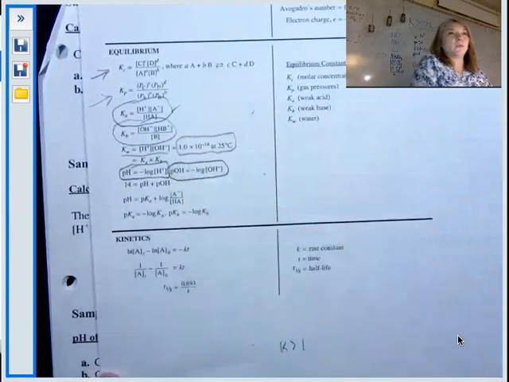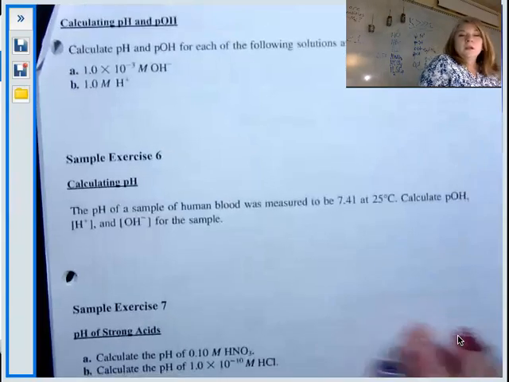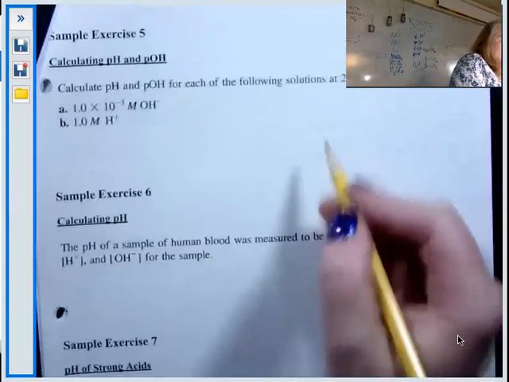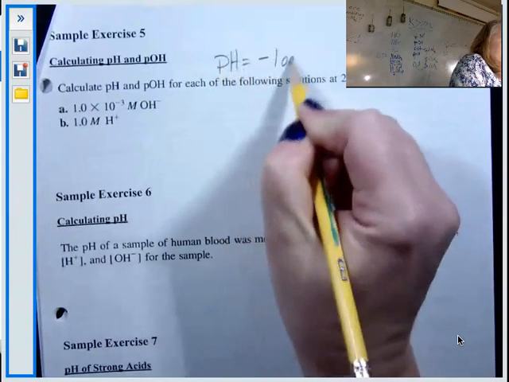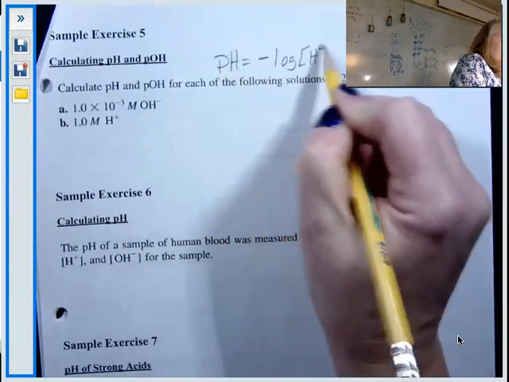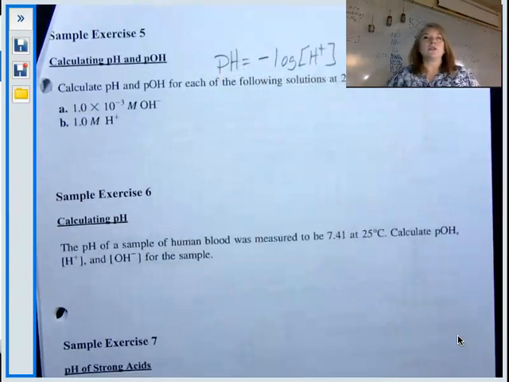pH and POH. I'm going to write them bigger so you can see that. The pH equation is equal to the negative log of the hydrogen or the hydronium ion concentration, okay? Now, hopefully you guys are beyond the fear of logarithms. Logarithms aren't hard.